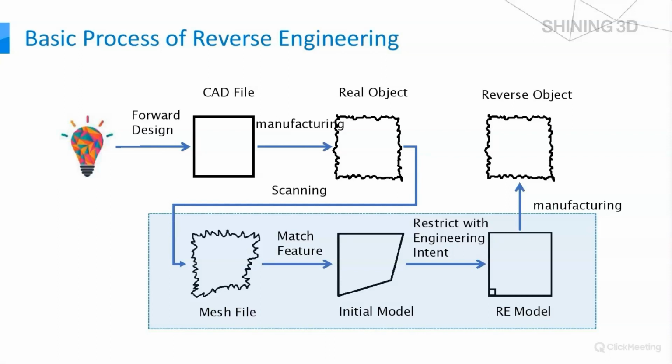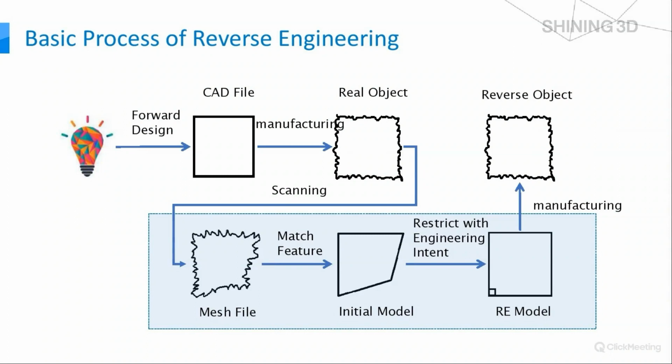Or sometimes they may skip this CAD file part. This is actually the designing part, right? So sometimes it can be skipped, and you can directly build your own things out of your mind without any draft. However, you can see that there are some differences after this manufacturing step. The real object actually has variance on the surface.